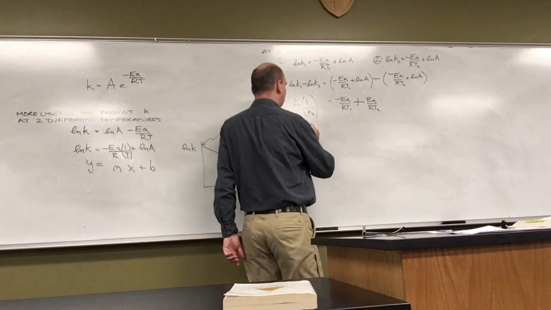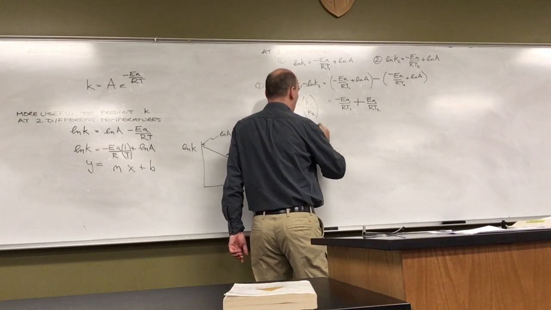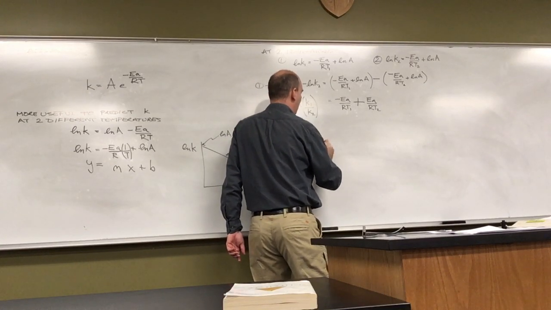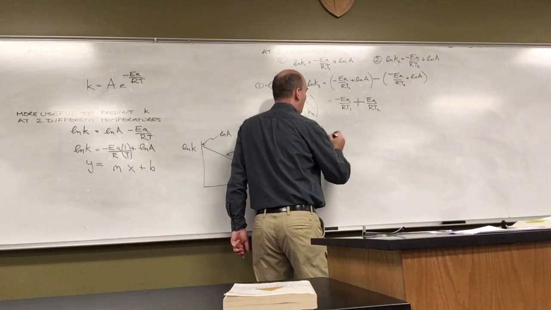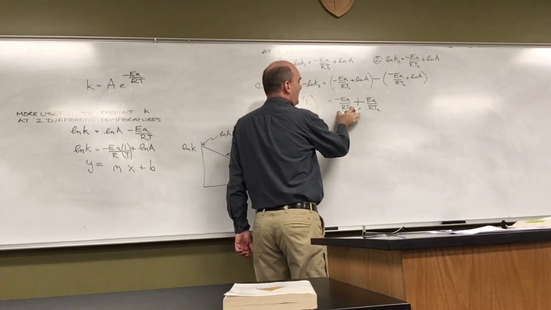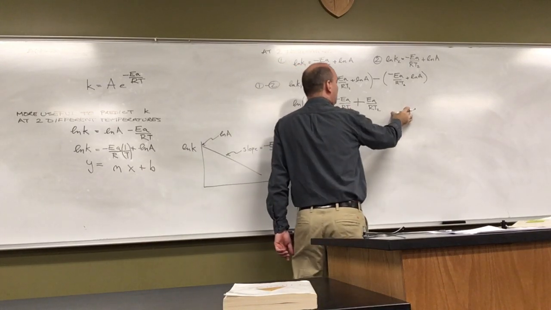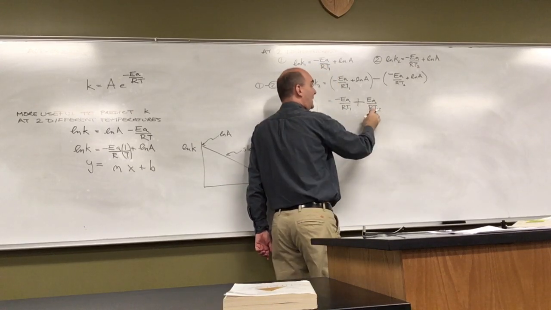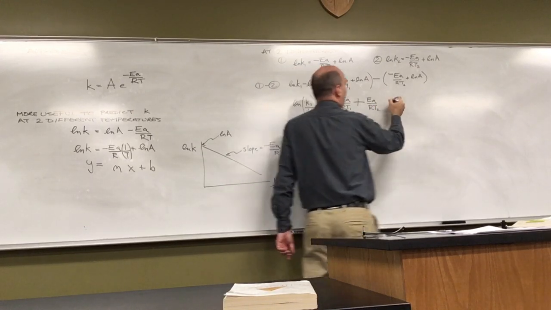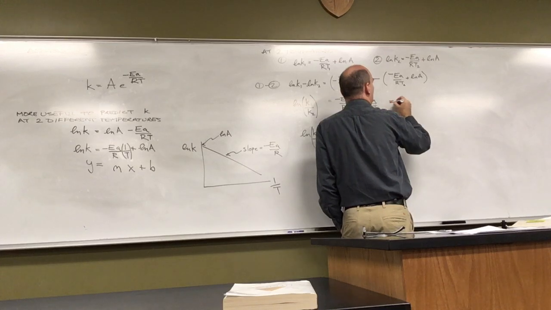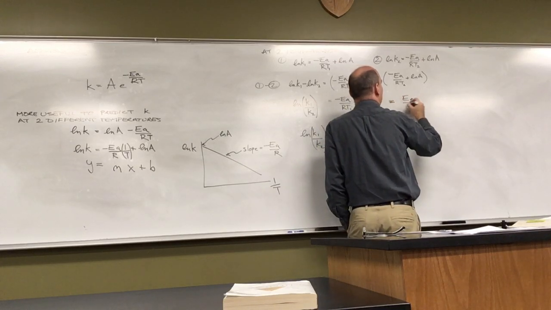Okay? So ln k1 over k2 now equals, if I put that at the back, EA over R T2, which I could do. Right? Instead of just saying it, I'm going to show you.